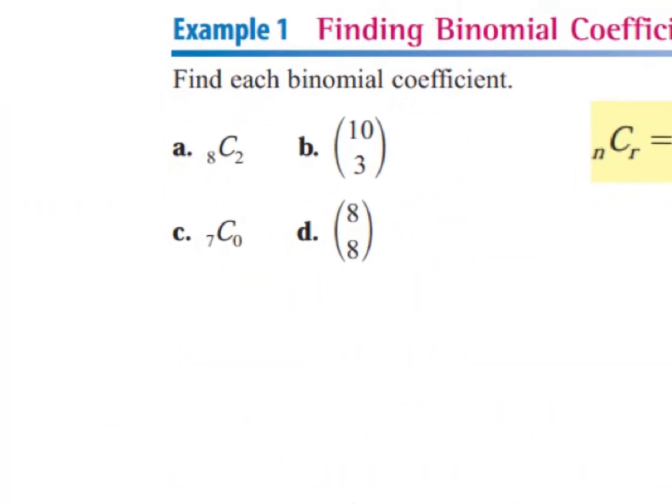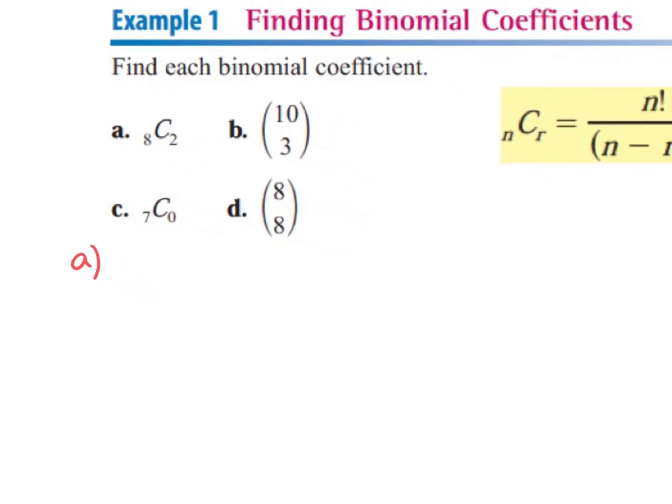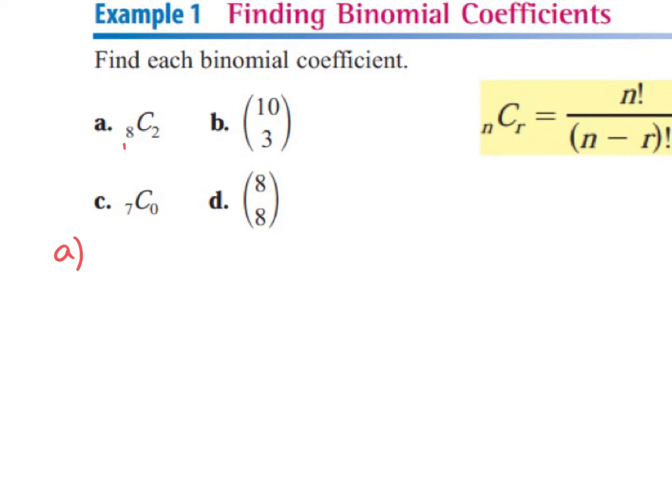So looking at example 1a. What's our N? N is 8, and what's R? 2. So it would be 8 factorial over 8 minus 2 factorial times 2 factorial.